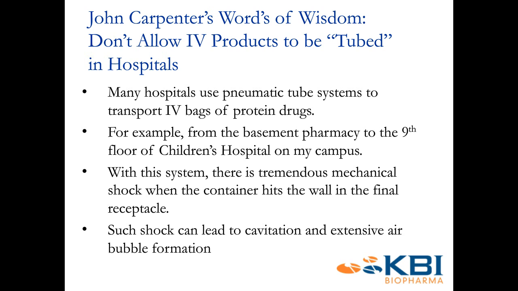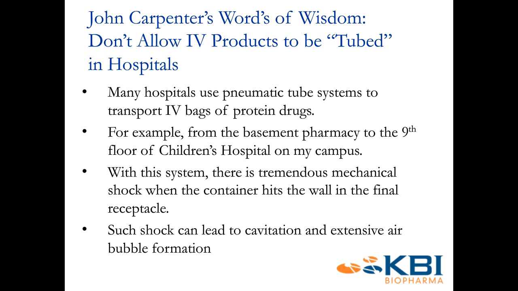And what he found was that his hospital actually had what are called tubes, where if you've ever been to a bank where you put your money into a tube and then it's moved by air displacement over into the bank. It's very similar to that, where it's basically shooting the IV bag several floors away to where it's going to be administered.